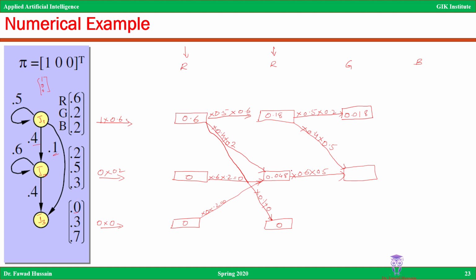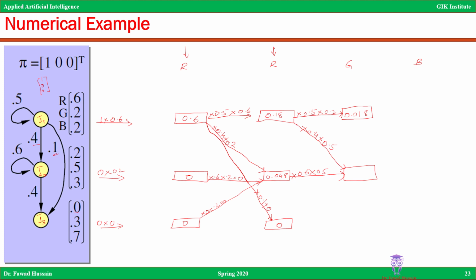So whatever answer I get here plus whatever answer I get here. And why plus? Because to be in the second jar and select a green, I could have come either from the first jar or remained in the second jar. There's no way I am coming from the third jar because there's no link. So it's either I am coming from the first jar or I am remaining in the second jar. And in probability, whenever you have an or, you plus.